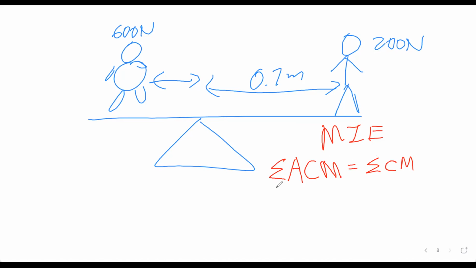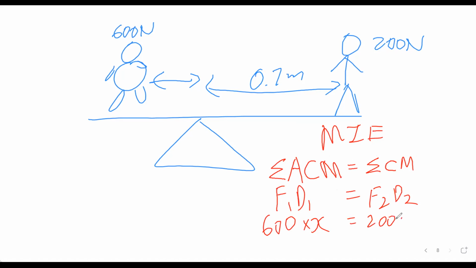From here, you can start writing down the formula, which in this case will be F1 D1 equals F2 D2. From here, start applying 600 multiplied by x, I don't know how much that is, equals 200 multiplied by 0.7. Press that in the calculator. Find me how much x will be.